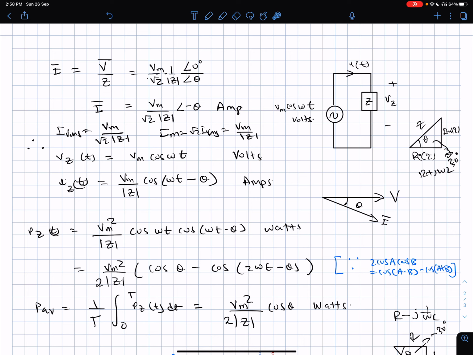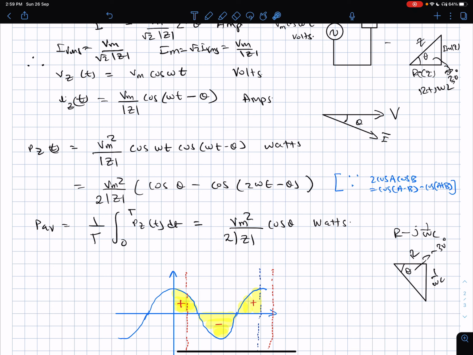That means if I had cos of omega 1 t and cos of omega 2 t in product form, I will get one component at omega 1 minus omega 2 and another at omega 1 plus omega 2. Since omega 1 and omega 2 are the same here, this becomes a DC or constant value, cos of theta, over which is superimposed a double frequency oscillation, at 2f or 2 omega radians per second.